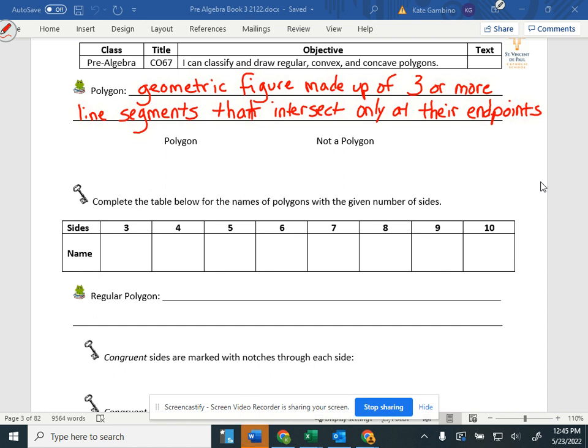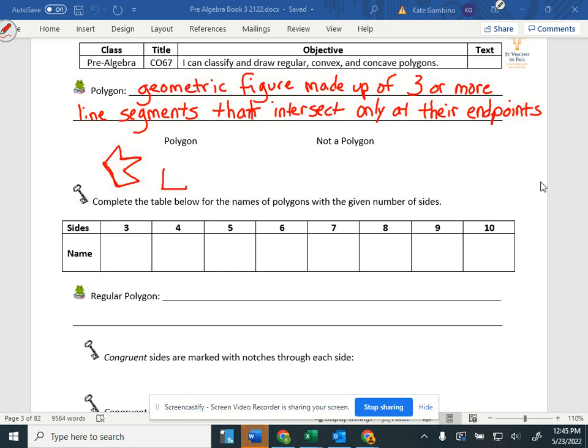So, what would be an example of a polygon? Polygon could be, that could be a polygon. So, any shape that has straight line segments that only connect at their endpoints.